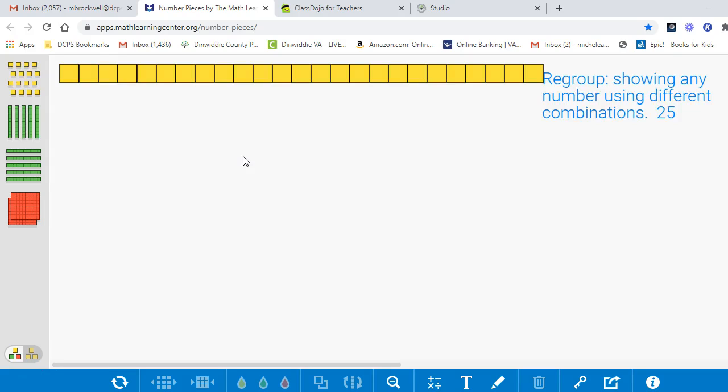Now, again, in second grade, you learned how to regroup the number 25. All right, you learned that this makes 10.